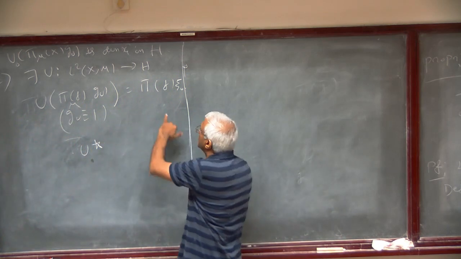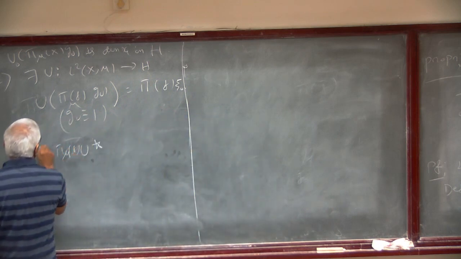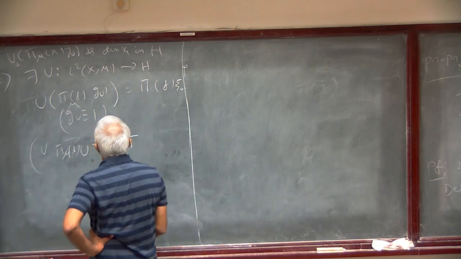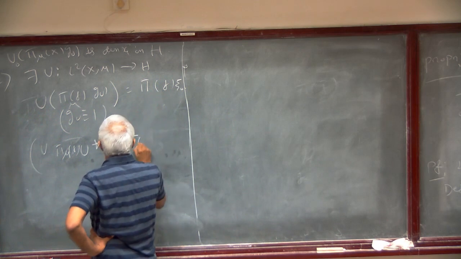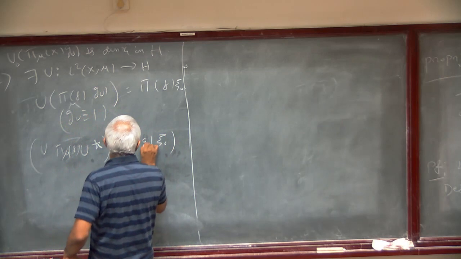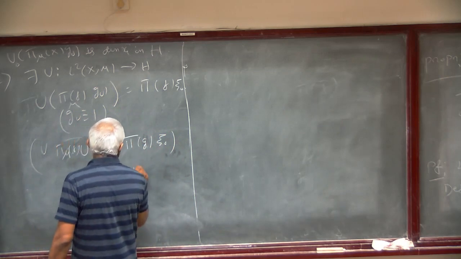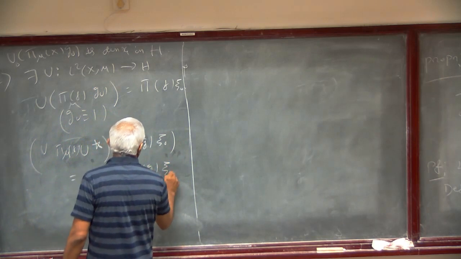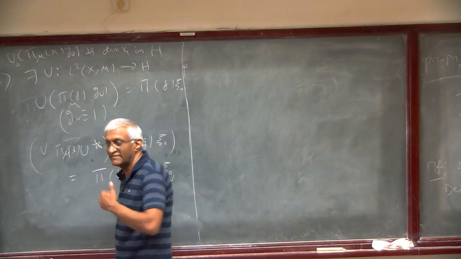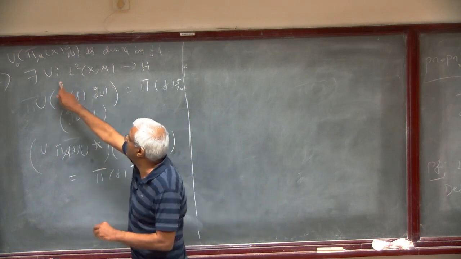Okay. And U star of pi mu of f U acting on any vector, it has to act here, pi of g xi naught, equal to pi of f, pi of g xi naught. Since we are using all this argument, that's why I'm listing it out. I have defined a unitary operator.